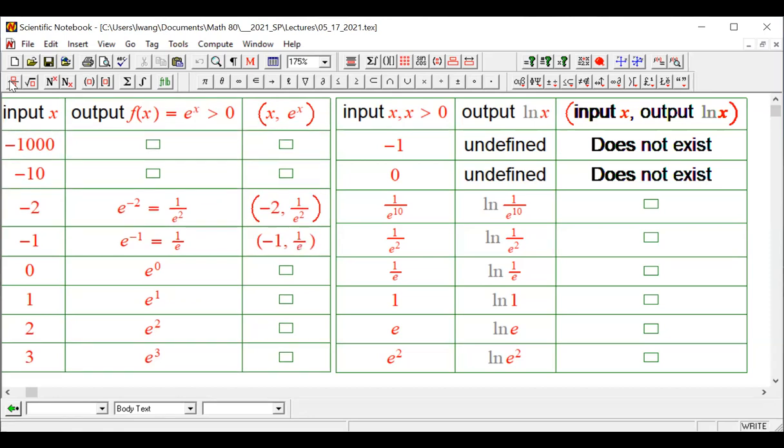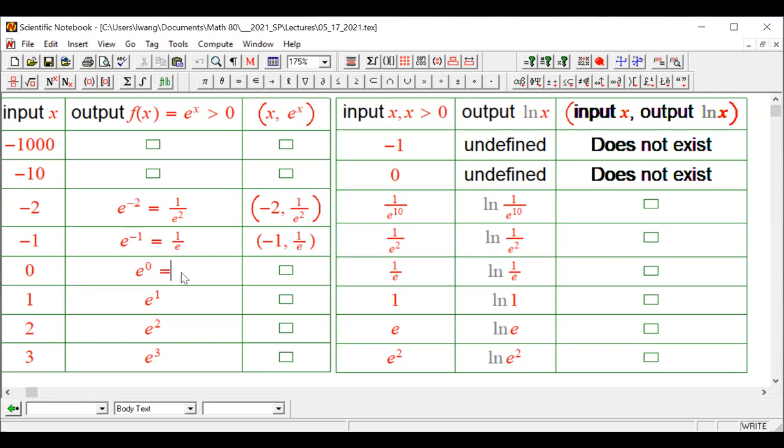Then you say, what is 1 over e? Don't worry about it. You just approximate it. It's like 1 divided by 2.7. 1 divided by e is a number between 1/3 and 1/2. That's all you need to know.